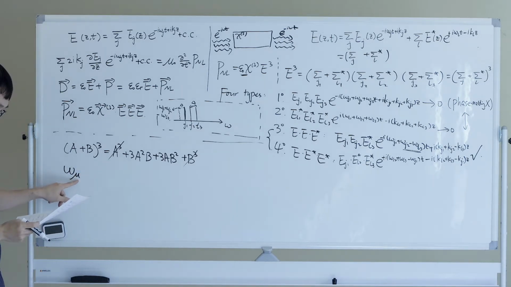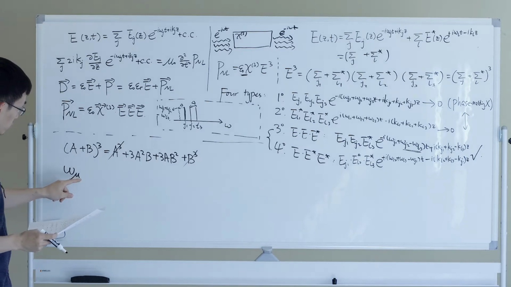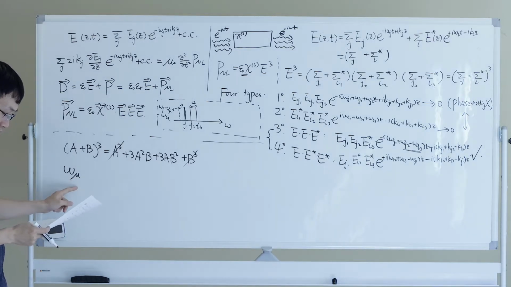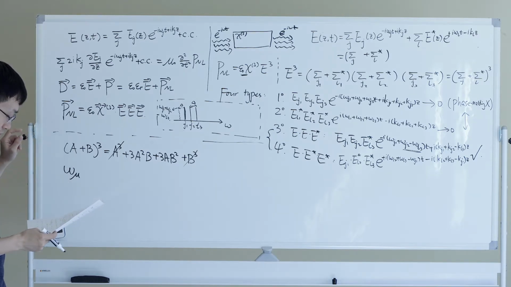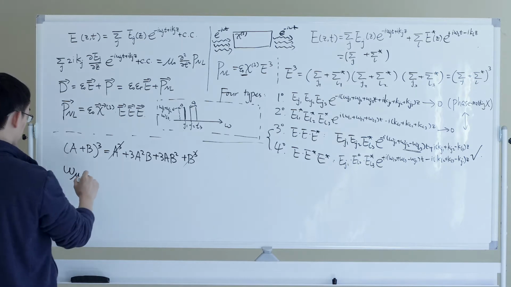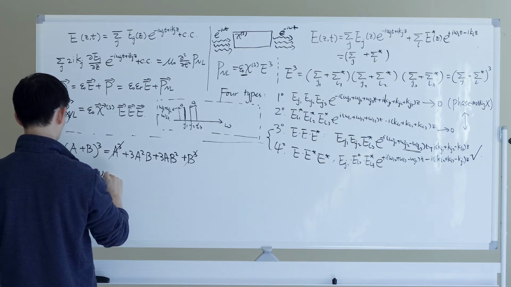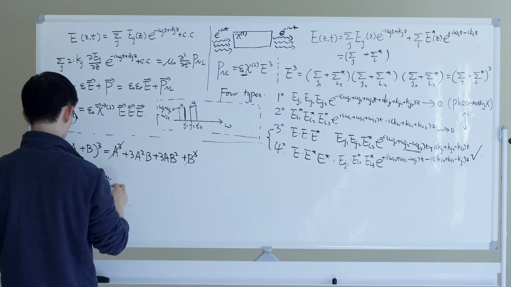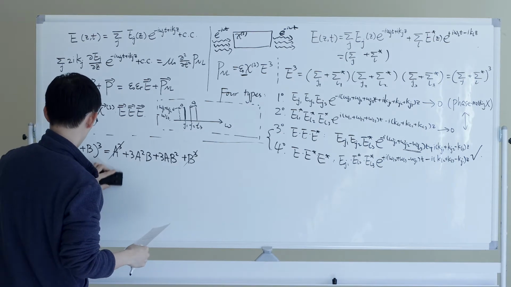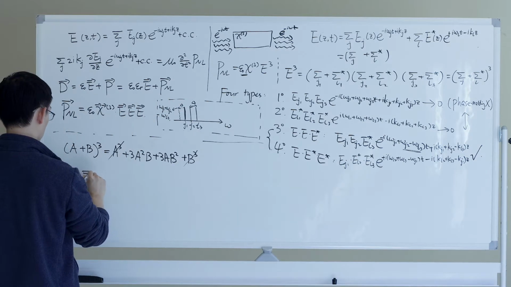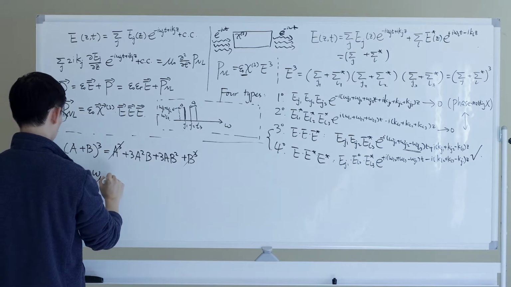Mu is the index; later we'll talk about the strict definition of mu. Suppose there are 3 frequency components that can satisfy omega mu.